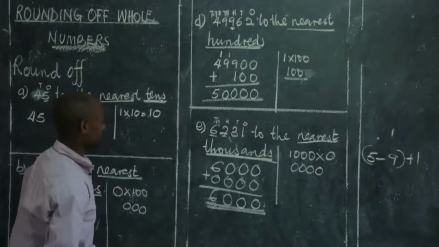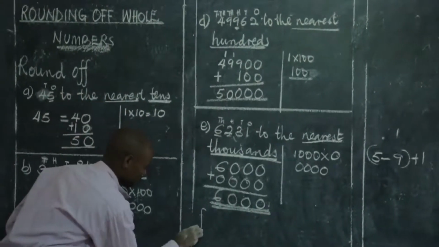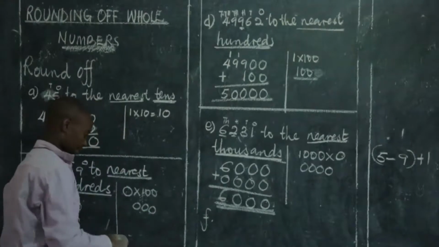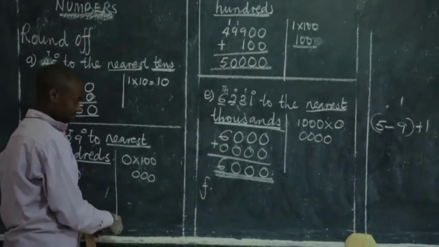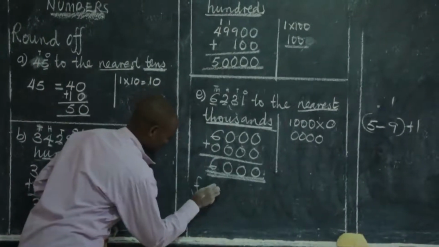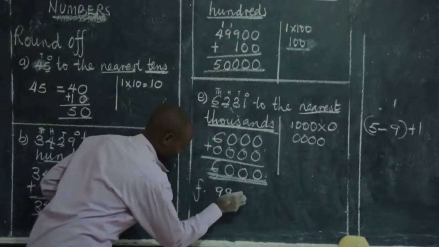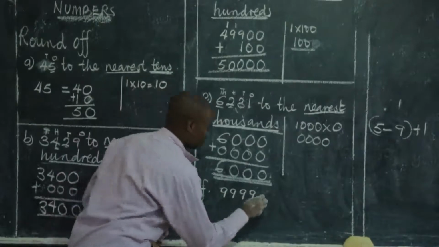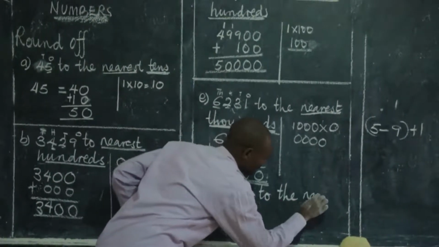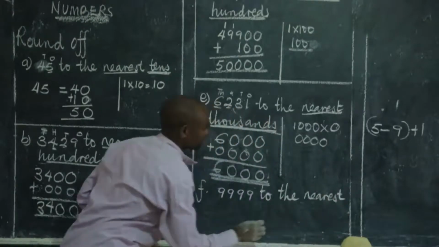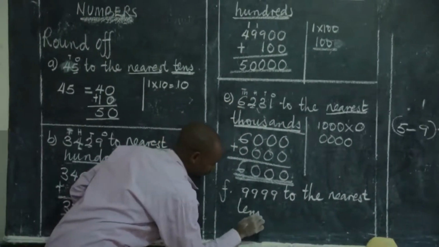Okay? Yes. Let's have the last example probably. If I tell you to round off 9999 to the nearest tens.